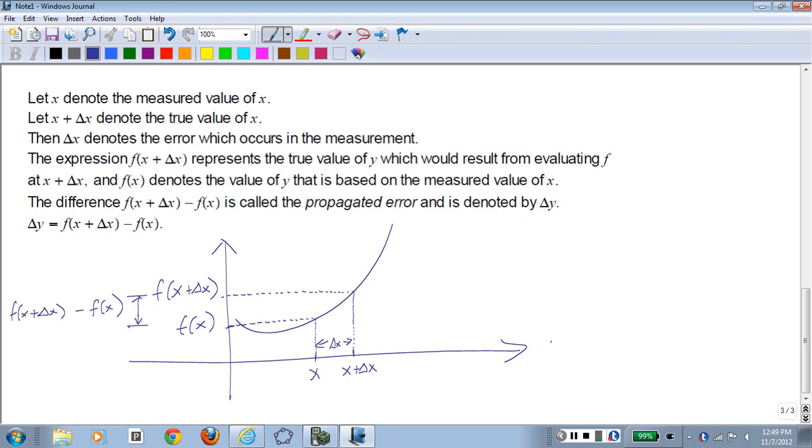And this is called the propagated error, and we'll denote it by delta y. There's at most delta x amount of error in our measurement. Our measured value is f of x. We evaluate the function, and we get f of x, and we're wondering how far is that off from the actual value? Well, at most delta y, which would be f of x plus delta x minus f of x.